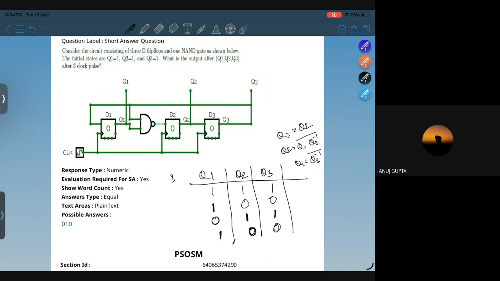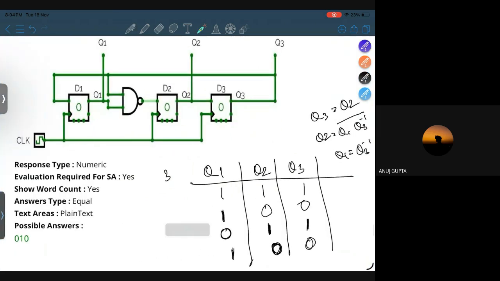Is there any mistake here? If we go again as 111, so Q1 is Q3 from the last, or no complement. Okay, then Q2 is this thing.